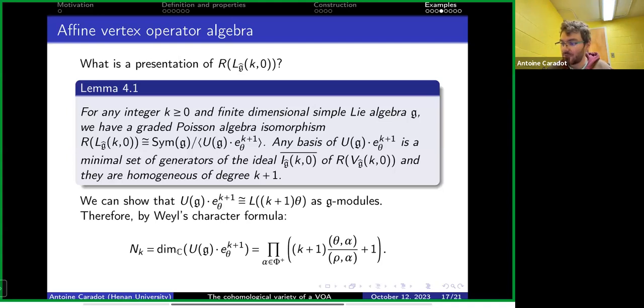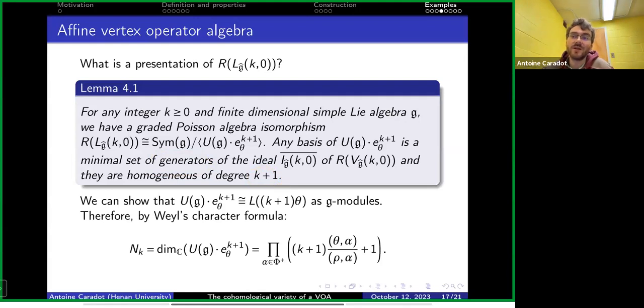And so this will give you some polynomial in k, which will give you your dimension. So now we have everything we need to apply the theorem, because we needed a ring with some homogeneous minimal generators of degree at least 3. Here we have a quotient of a commutative ring by some minimal set of generators, homogeneous of degree k+1. So you can see where this is going.